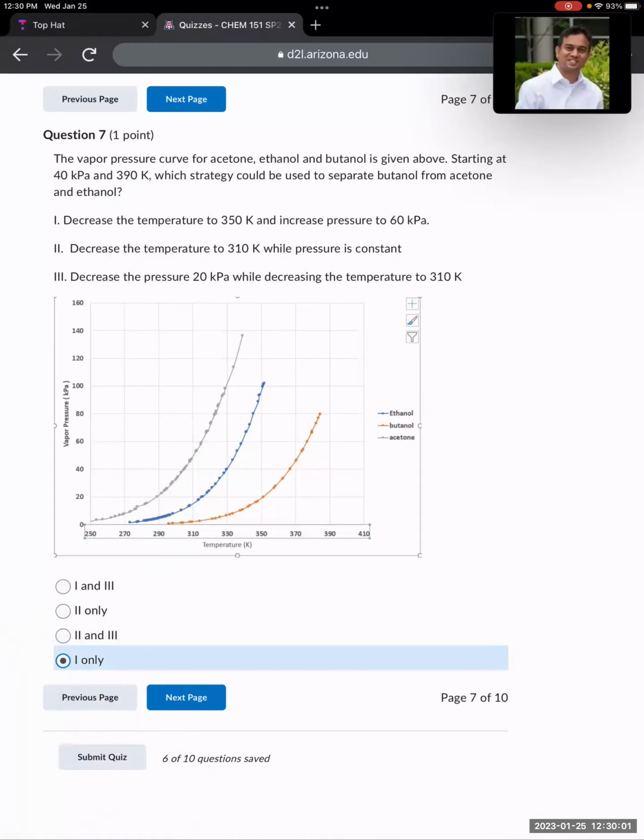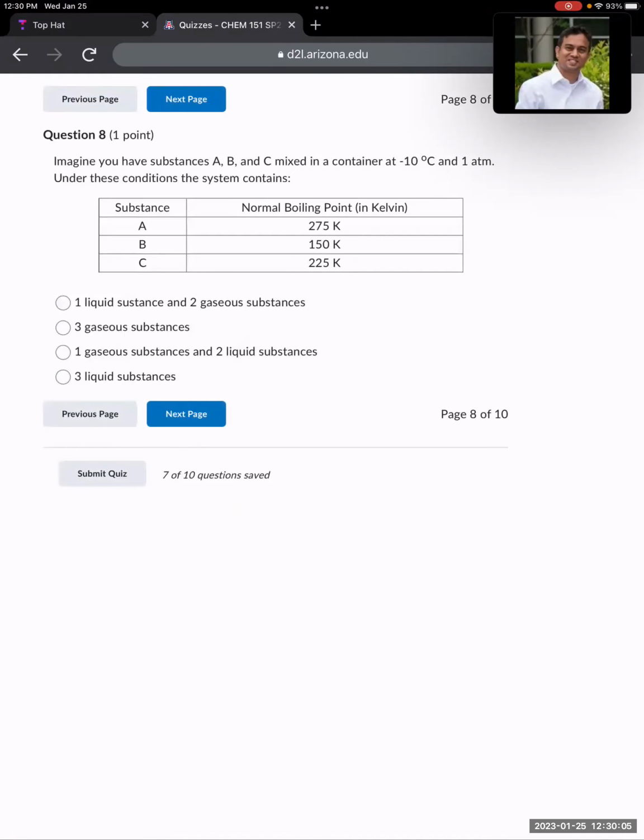Okay. And moving on. Imagine you have substances A, B, and C in a container at -10 and 1 atm. Under these conditions, the system contains, all right, the phase, so -10.